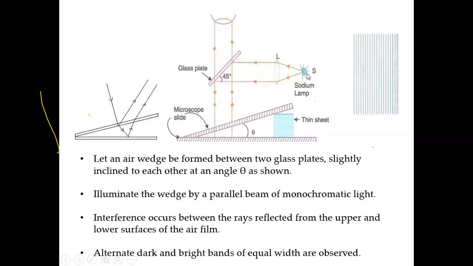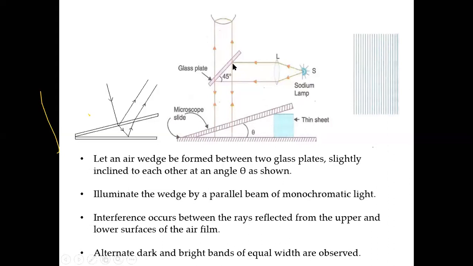I used a monochromatic light and made it fall on a glass plate that was inclined at 45 degrees. This 45 degrees turns the incident light by 90 degrees.